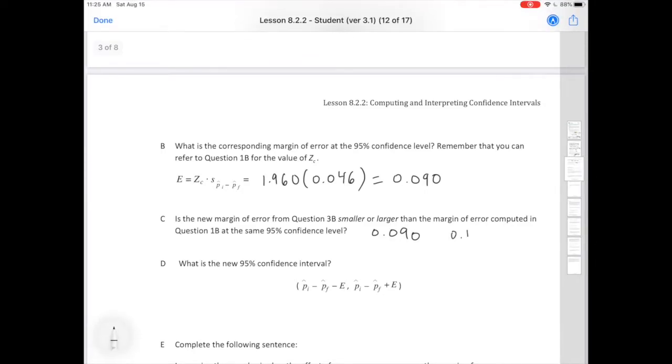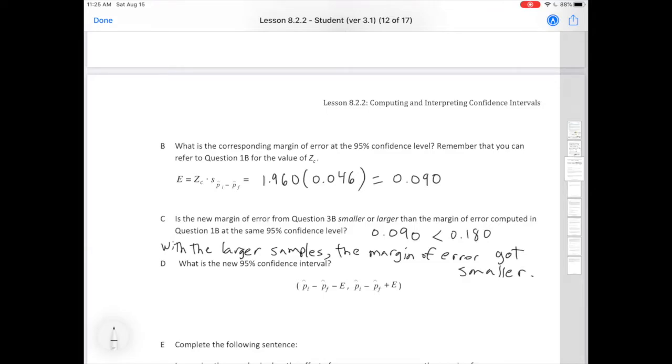And of course, 0.090 is smaller, right? So with the larger samples, the margin of error got smaller.